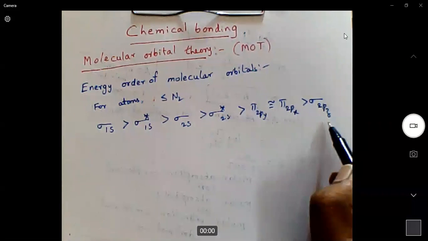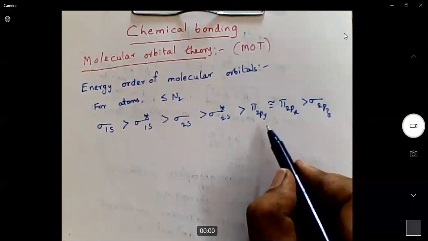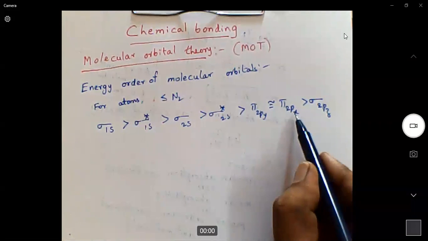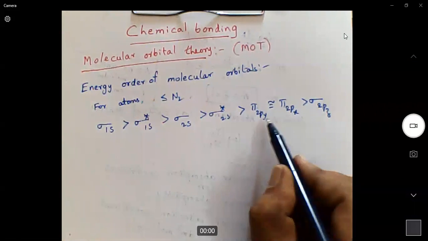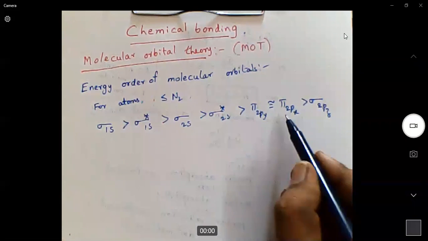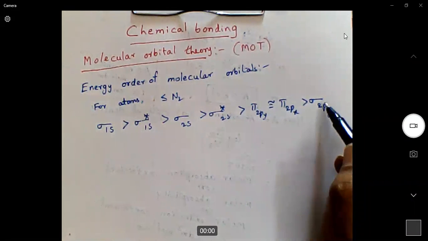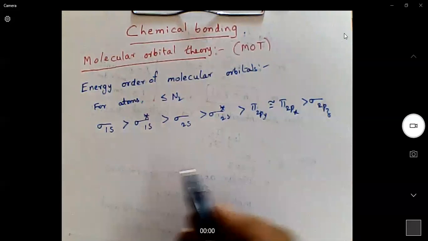Think that the bonding axis is z orbital, bonding direction is z direction. So pi 2py and pi 2px, the x and y directions, are used for pi bond formation, and the z direction is used for sigma bond formation.